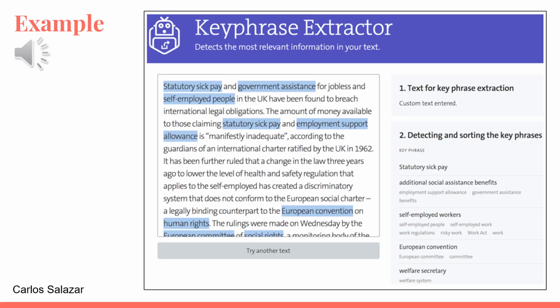Here are some examples of the keyword extraction technique. The example provided here is an example of keyword extraction on some sample of text.